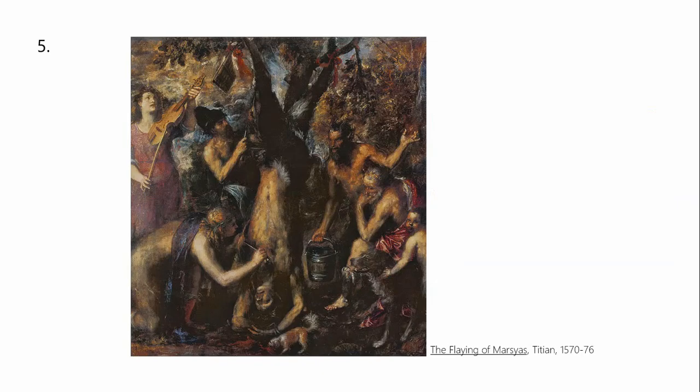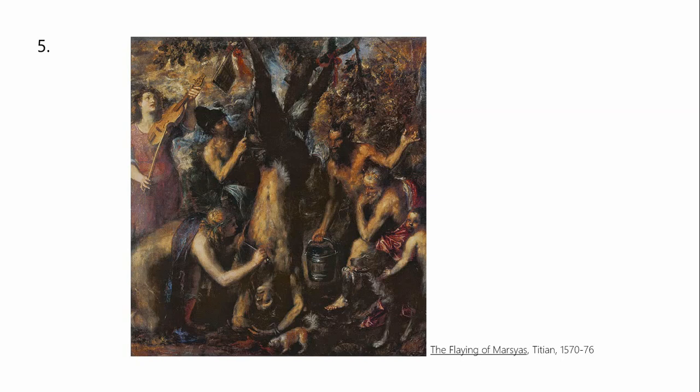Okay. Flaying of Marsyas by Titian. It's an oil painting, and it's late High Renaissance. Like I mentioned before, Titian lived well into the Mannerist period. He was kind of the last great painter of the Renaissance, and so the story here is of Apollo flaying a competitor of his.